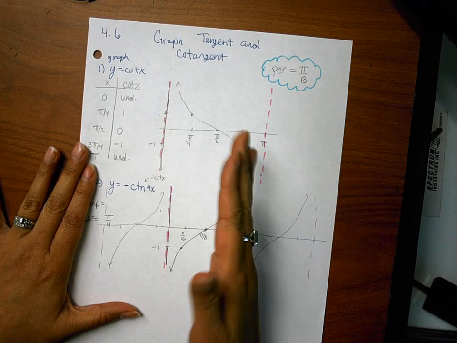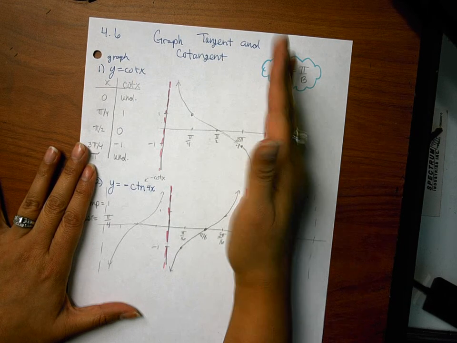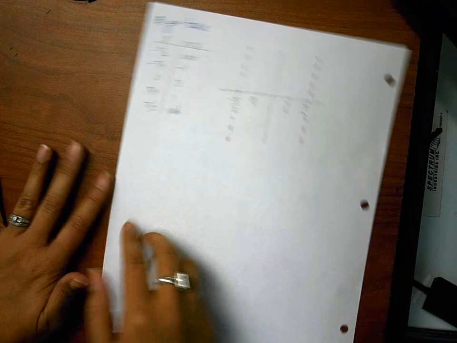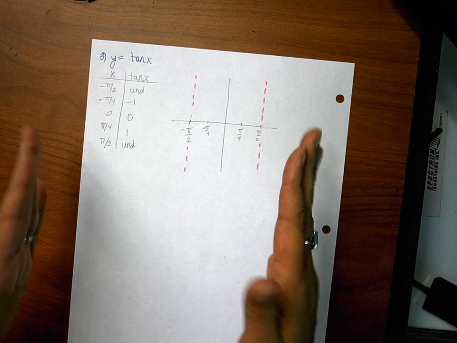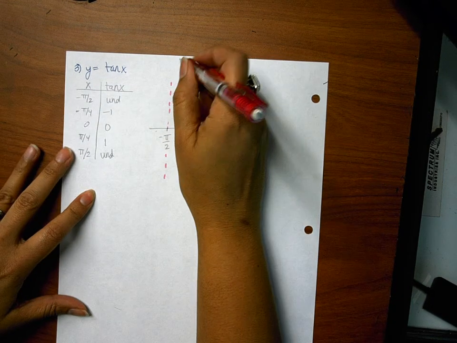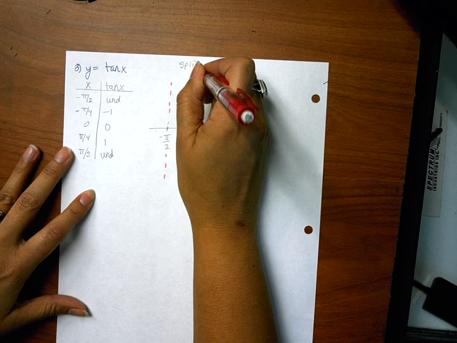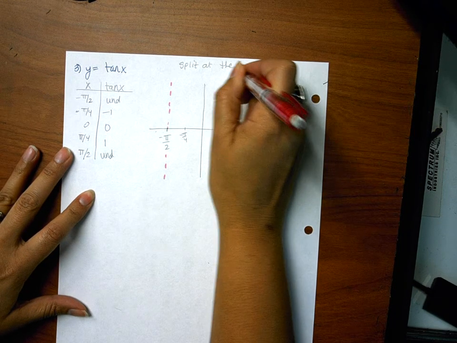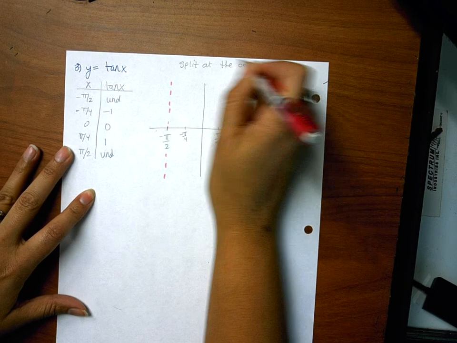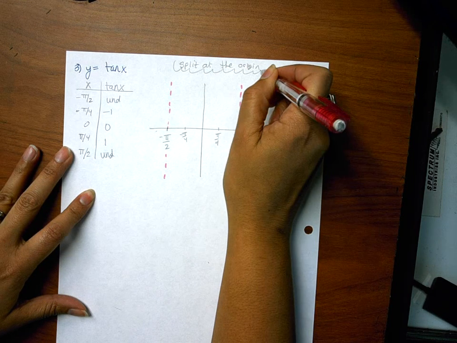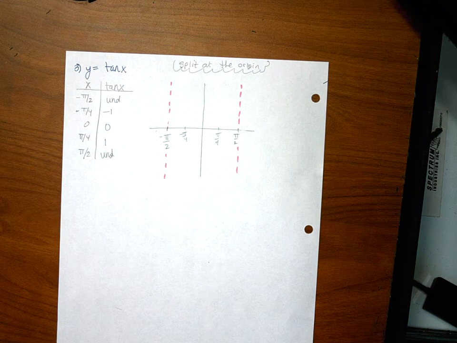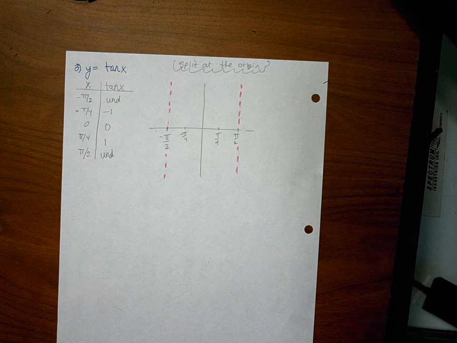Start at 0, end at your period. Tangent is the one and only one that splits at the origin. Now, when we shift it and translate it, it'll split other places, but for right now, it splits at the origin.